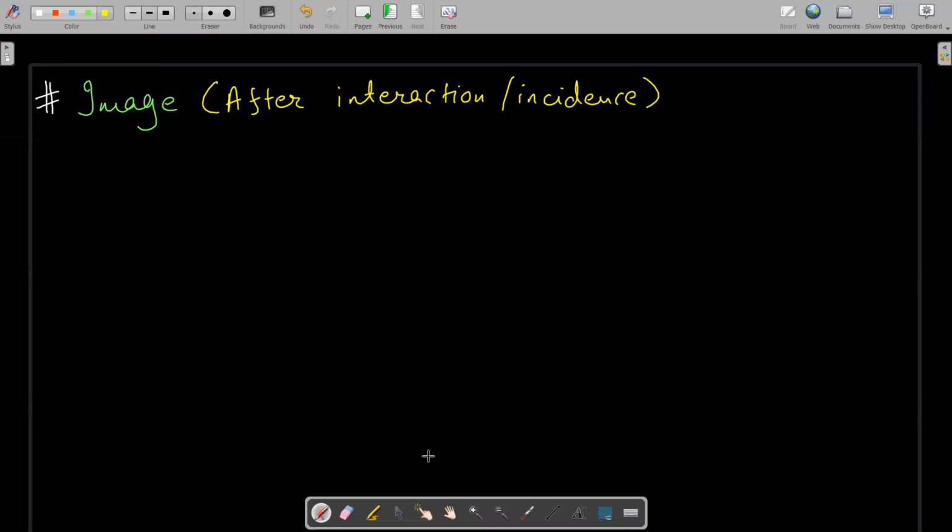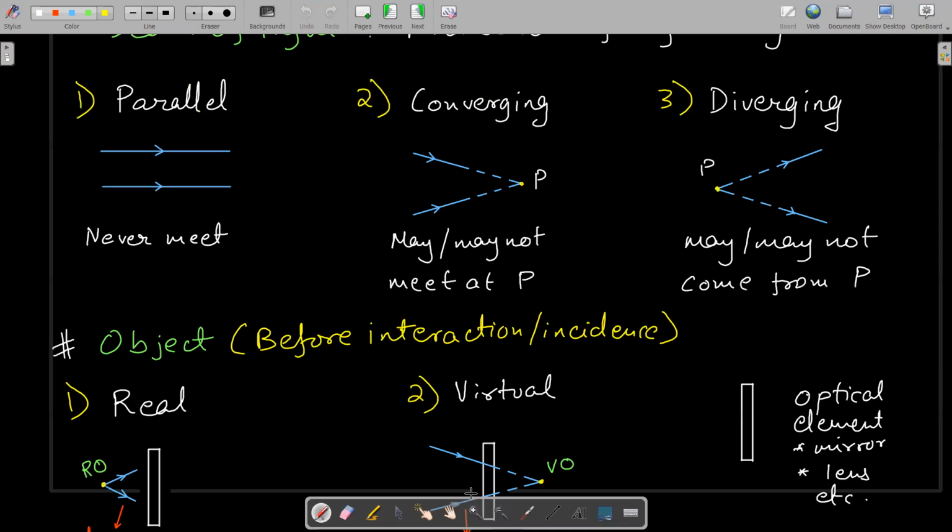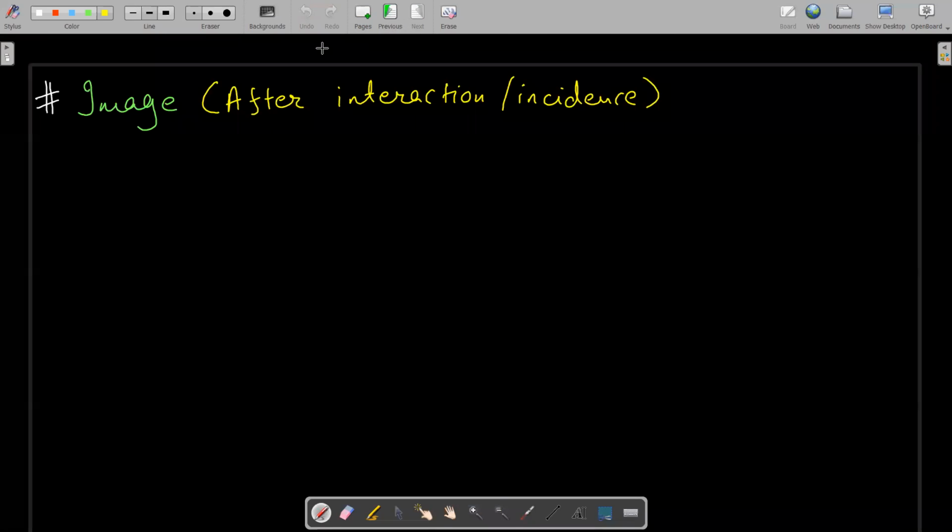Now, again, just like objects, there are two types of images. First one is real, and the second one is virtual.